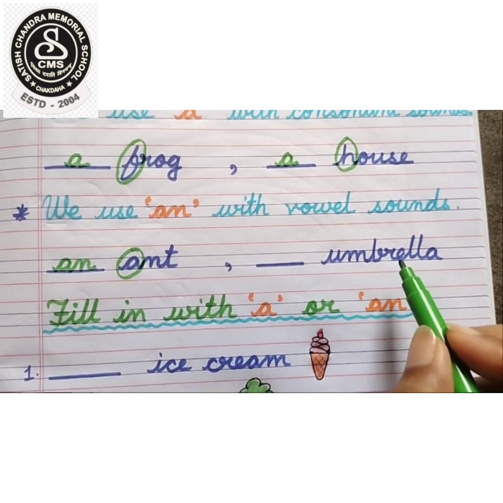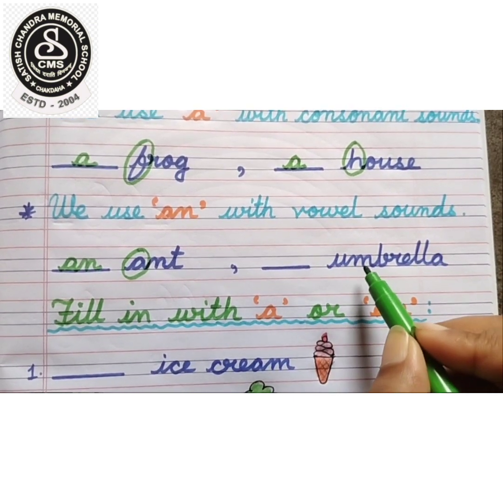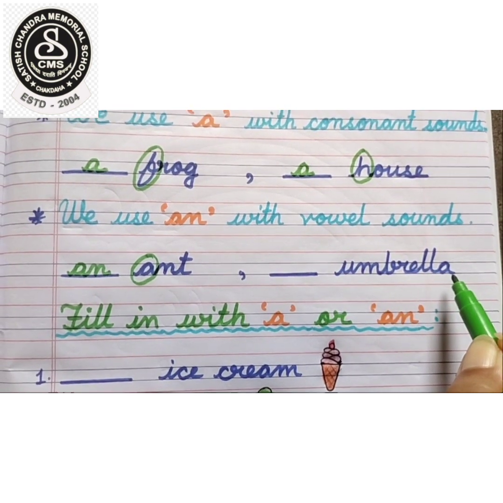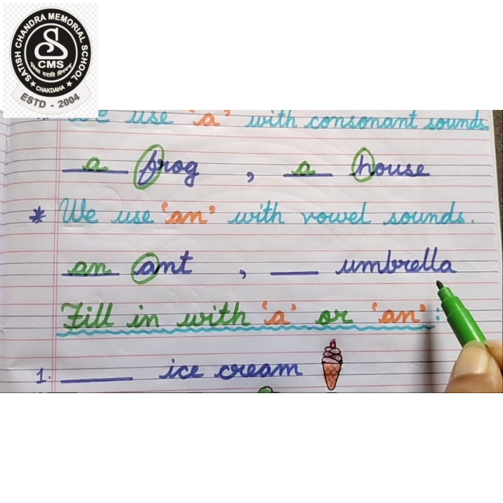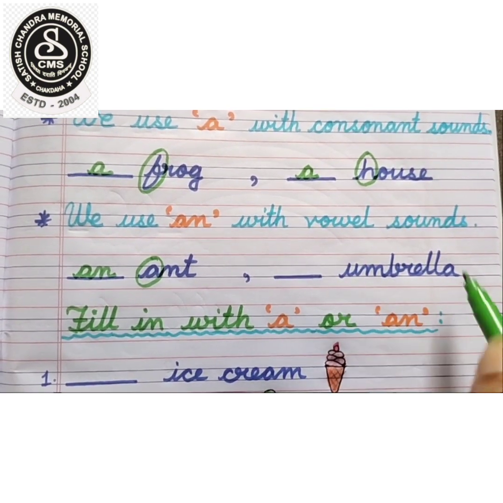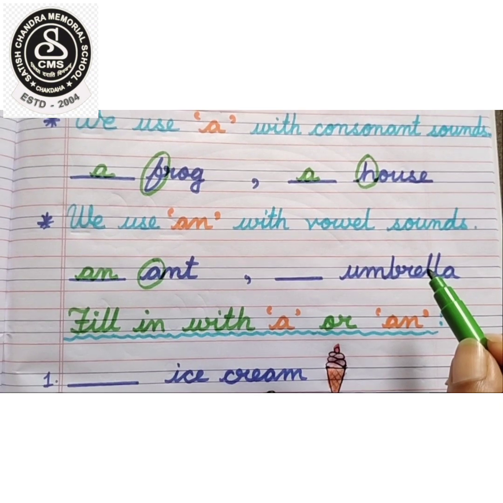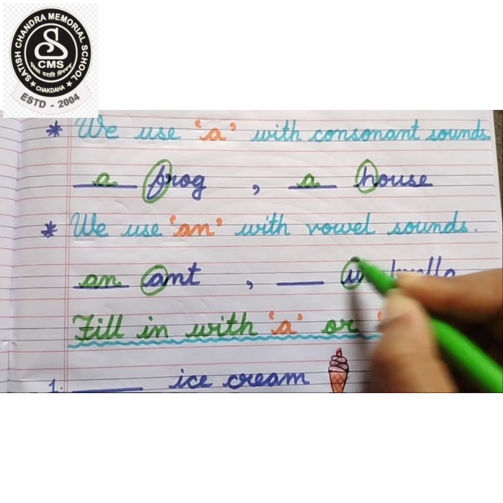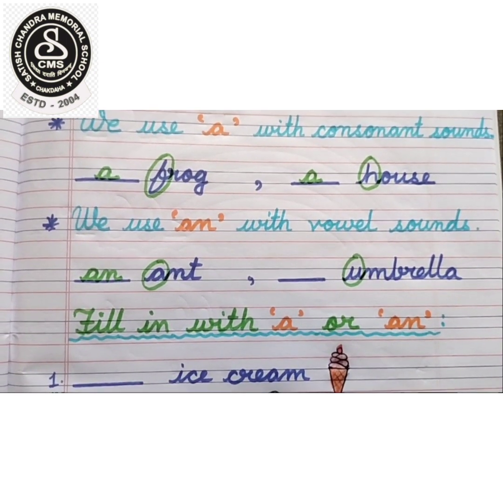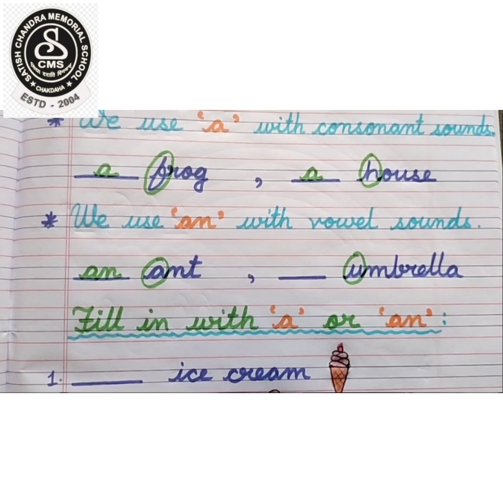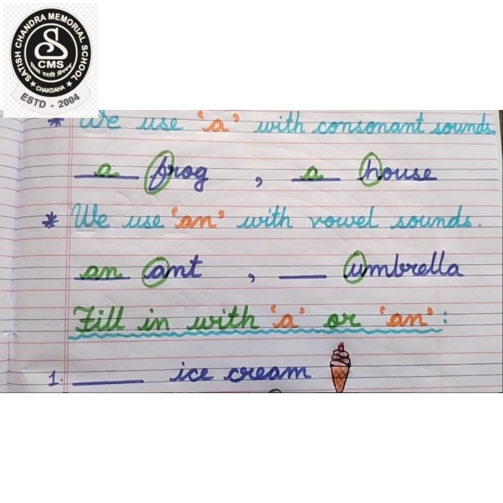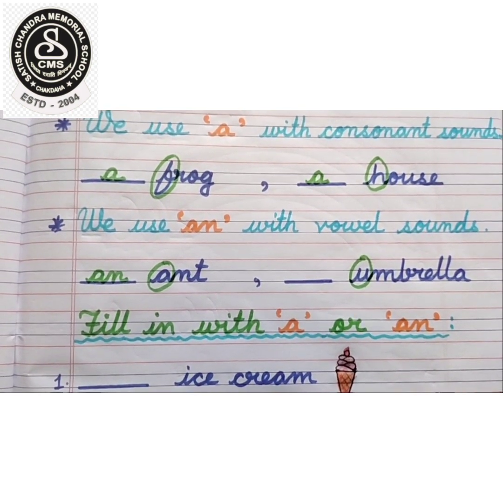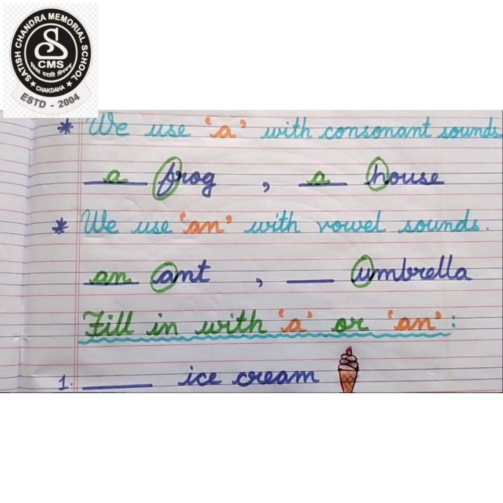Next, our next word is dash umbrella. Now children, this word umbrella starts with which alphabet? Very good. It starts with alphabet U. And tell me children, what is the sound of U? Is it a consonant sound or a vowel sound?